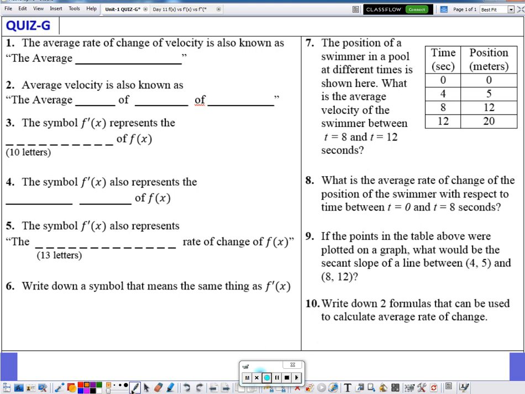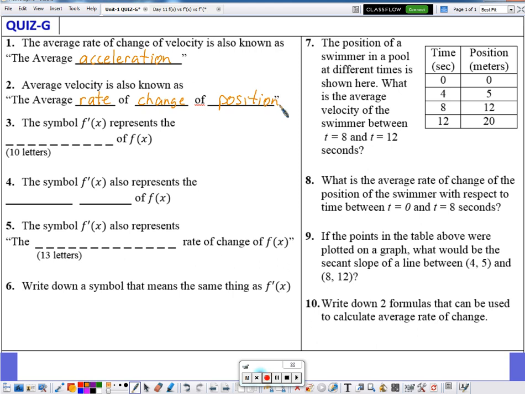All right, here we go. Somebody, please, number one. Number two. Let's go, Bailey. Average rate of change of position. We're more creative and weren't so busy in calculus.